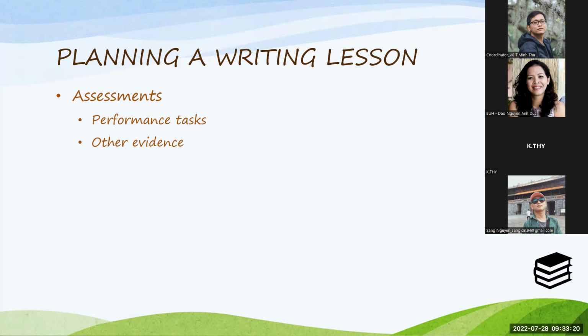So we have quizzes, homework, observation tasks, for example. Those are called other evidence. When you look at performance tasks, you can see students do something, use their language skills. Besides that, we can use other evidence, other kinds of assessment, to evaluate student learning. So when we design the assessment task, be sure we have both kinds.